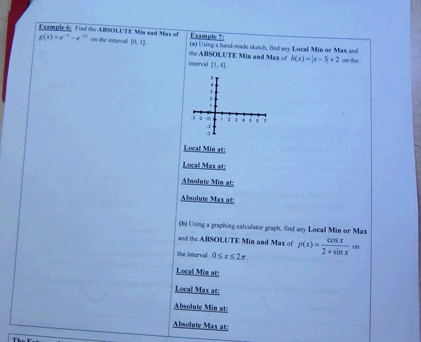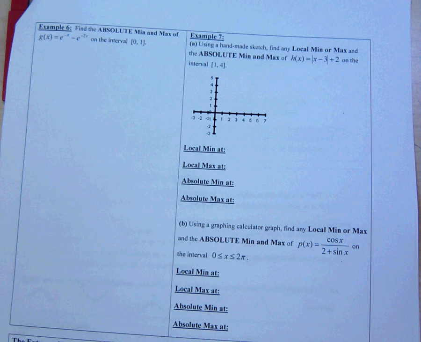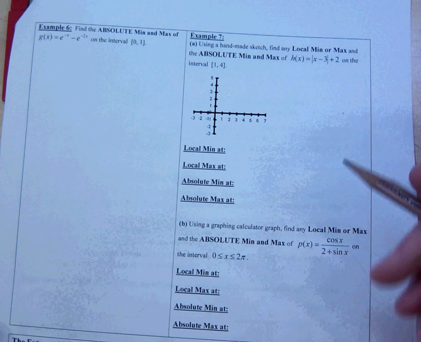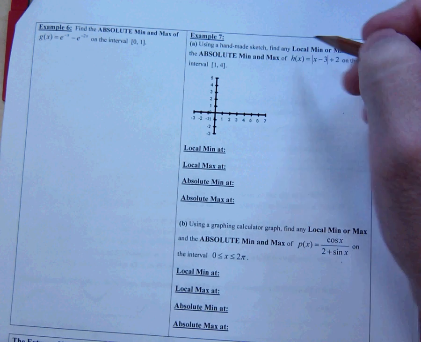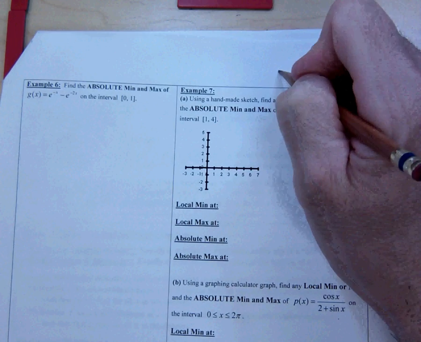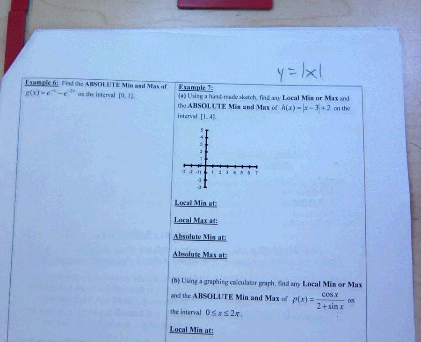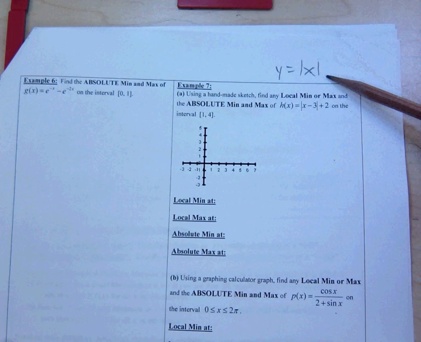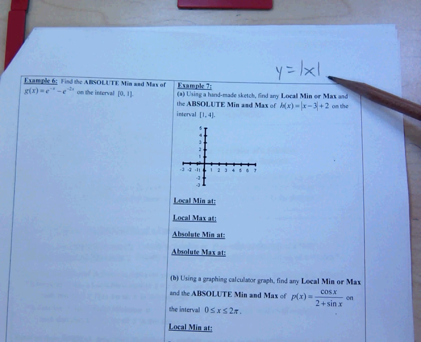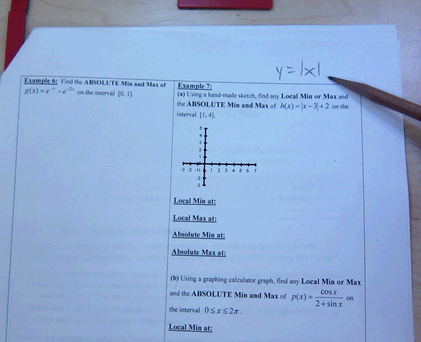Okay, first of all, what's the parent function? y equals absolute value of x. We should all know what that looks like. V-shaped curve starting at 0, 0 and opening upward, right? With the vertex at 0, 0, right?